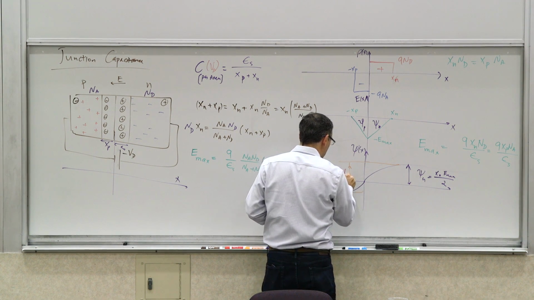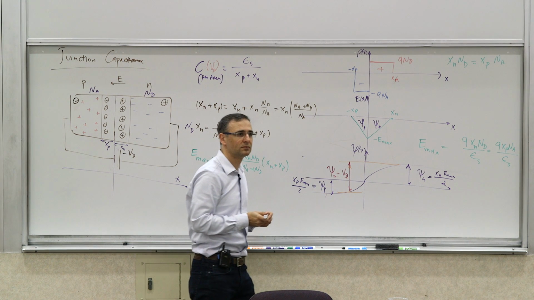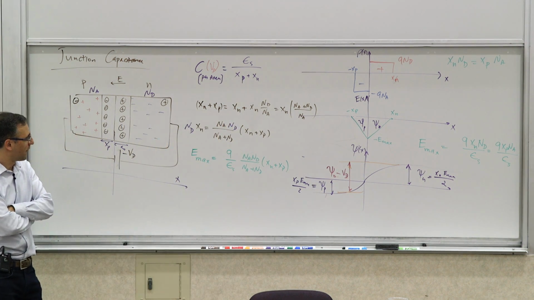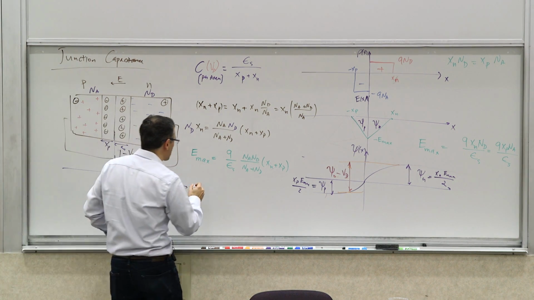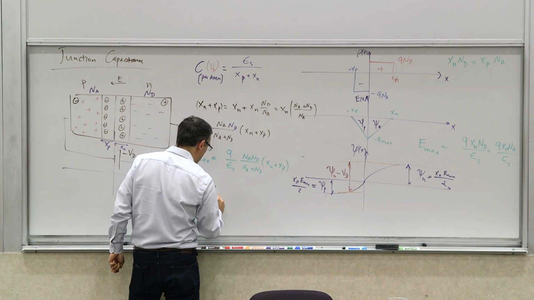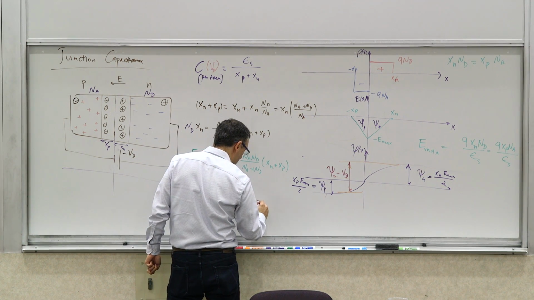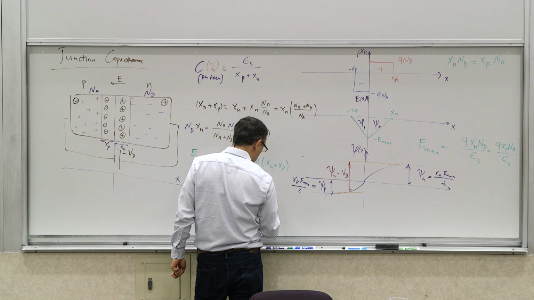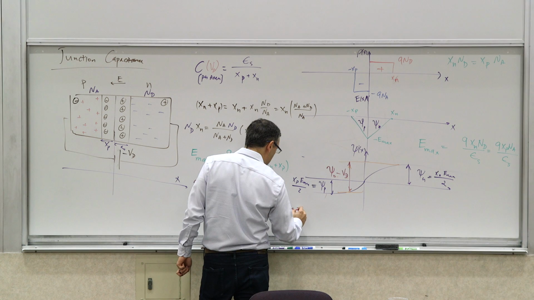Psi 0 minus Vd. All right. So we're almost done. So we know what psi is. So we know that psi 0 minus Vd is equal to psi n plus psi p, which is equal to E max over 2 times xn plus xp.